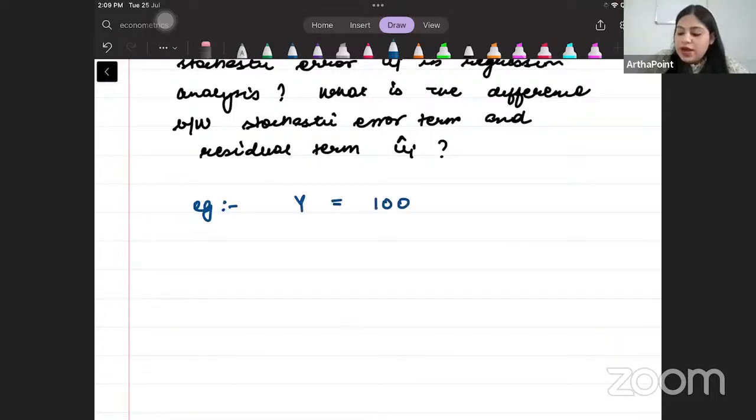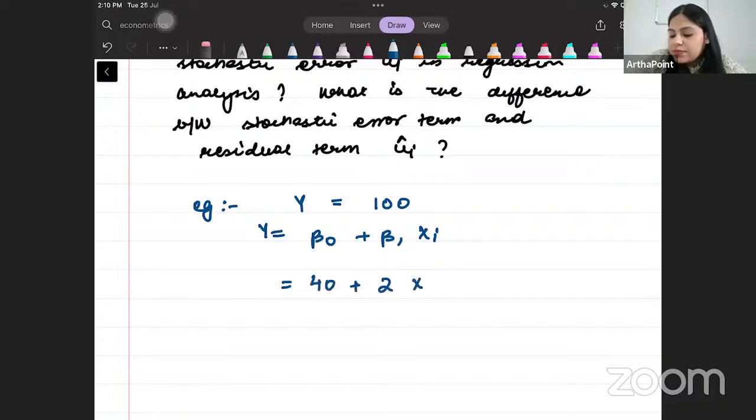Then I make a model. I say y is equal to beta naught plus beta 1 xi. I go ahead and make a regression model, and this regression model comes down to 40 plus 2 xi. Suppose the value of x is, let's say, 25.